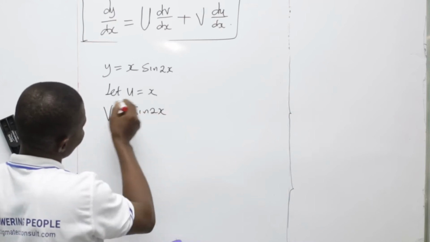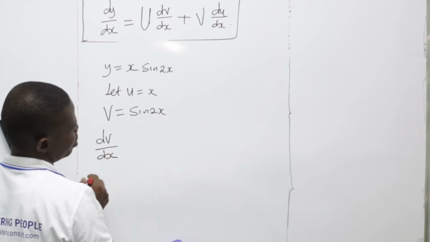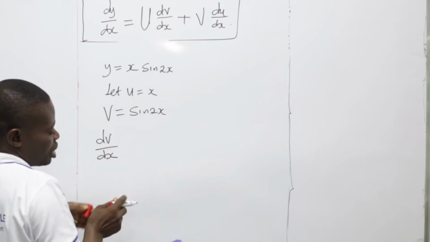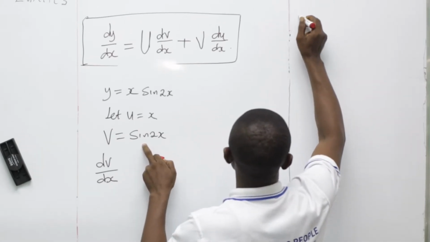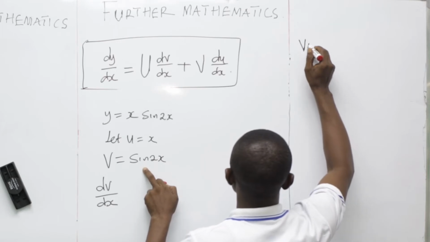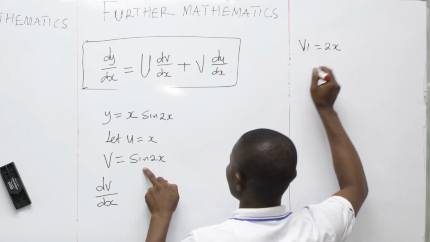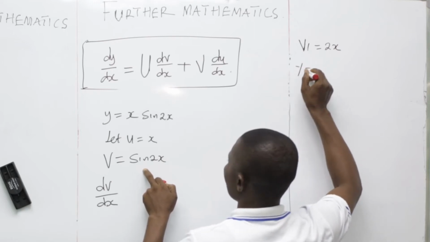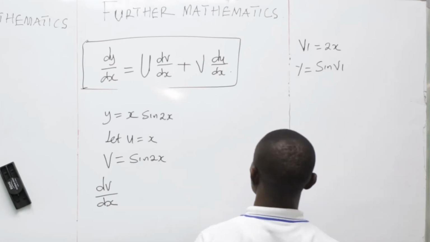So what do we do? Handle this gentleman, that is dv/dx. Since this thing is complex, just see it as a different thing. Assign another thing here, v1. Let v1 equals 2x, and let y equals sine v1.